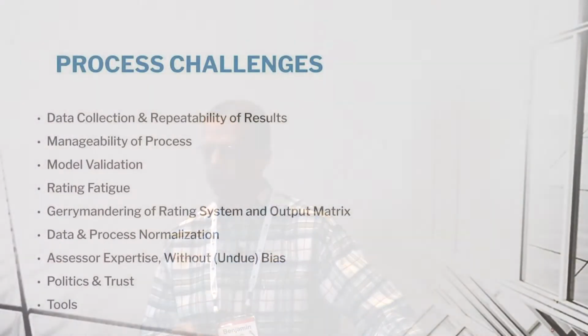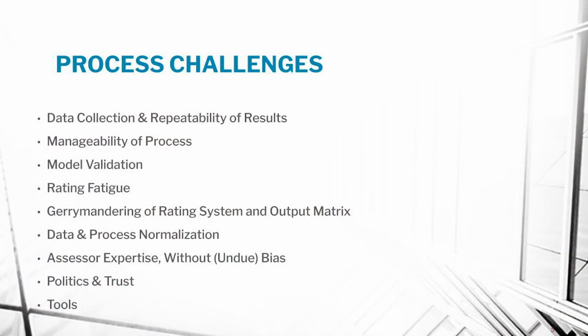Data and process normalization. This is really where you start crossing over from more than just one assessment. You start going, here's my physical, and I've got safety, cyber, what have you. Everybody's got their own scale.